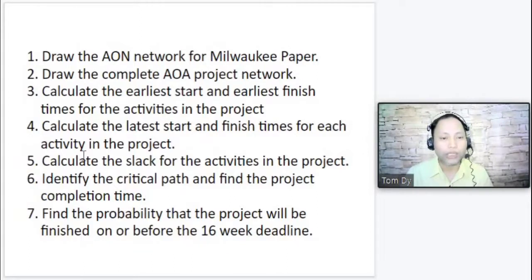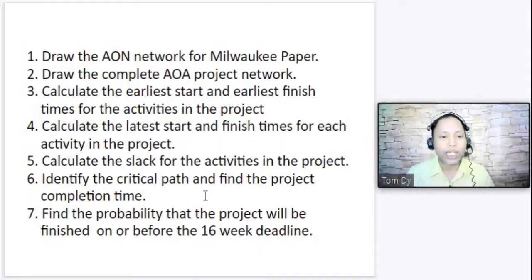And when we solve this, I will group these questions as 1 and 2, then group 3, 4, 5, and 6, and then we have group 7: find the probability that the project will be finished on or before the 16-week deadline.